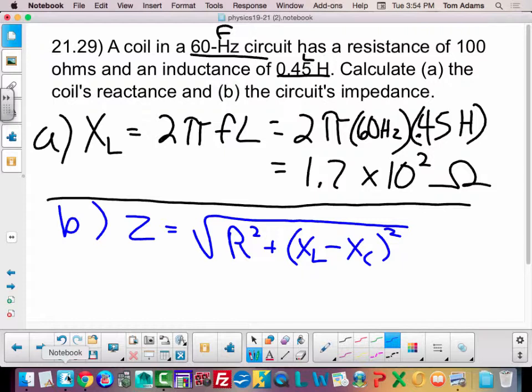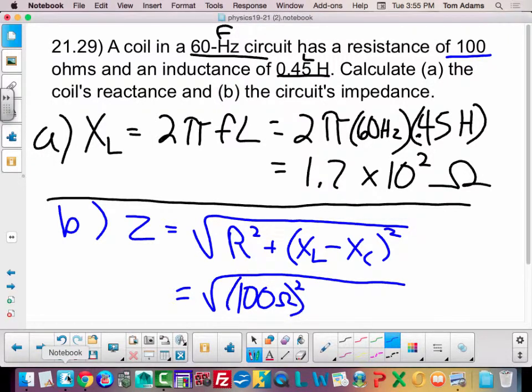So there's a little trick to this one. The resistance is 100 ohms, so we're going to put 100 ohms here. Plus, now here we just calculated this, so this is 1.7 times 10 squared.